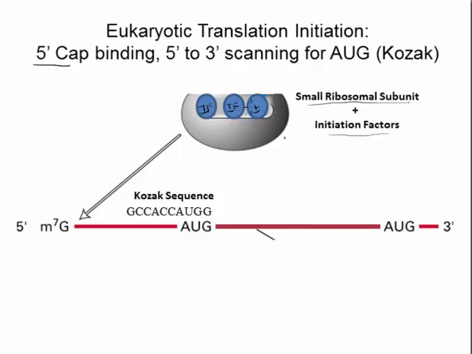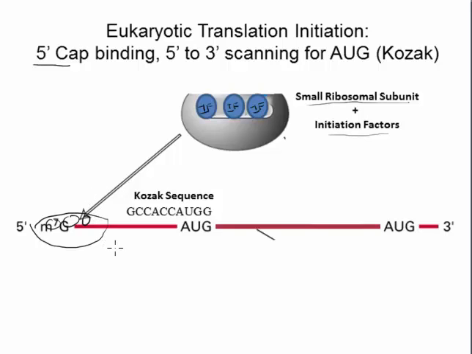They have their own individual names and functions in this initiation process, but we're just going to generalize and call them initiation factors collectively. This complex binds to this methylated guanine cap at the 5' end of the mRNA.